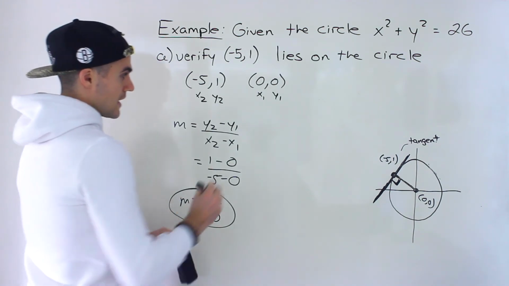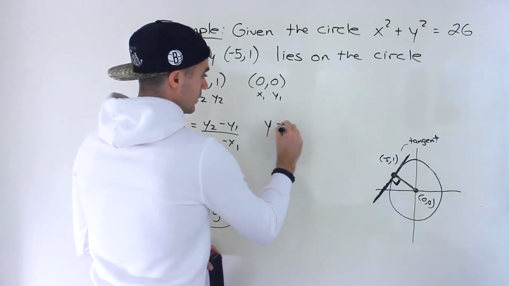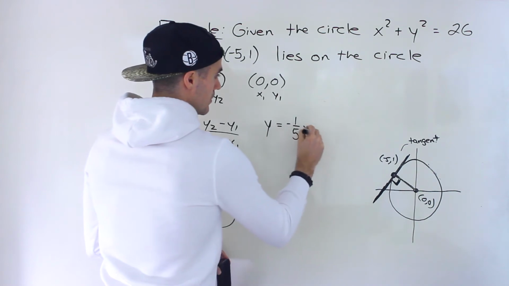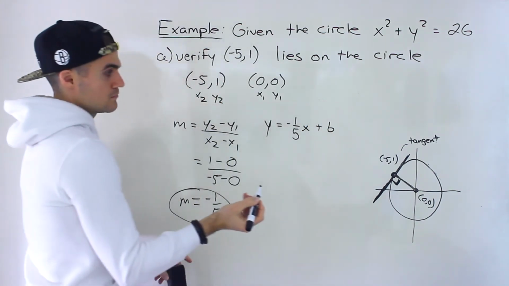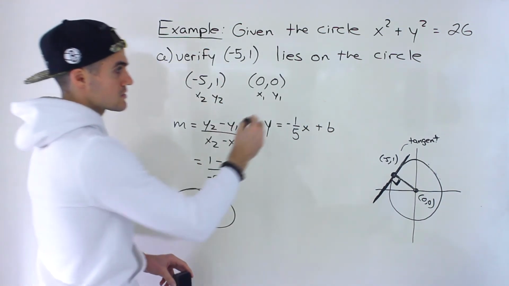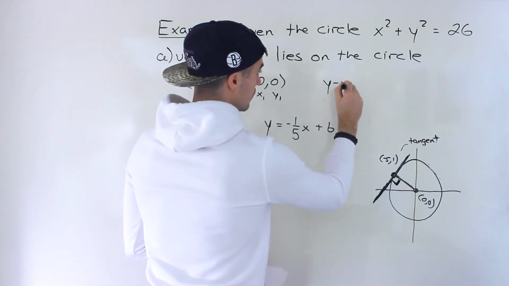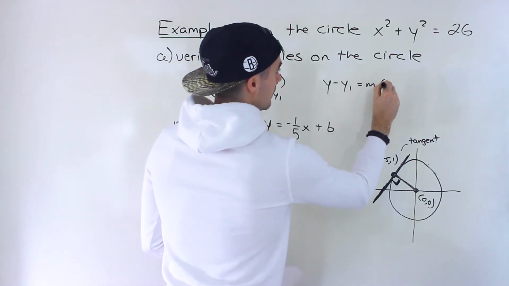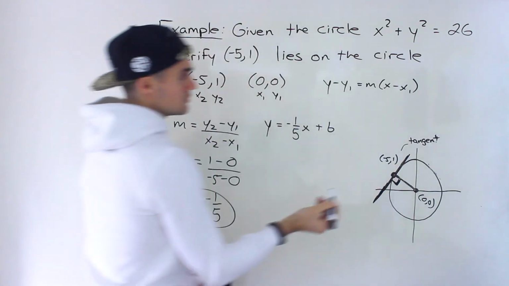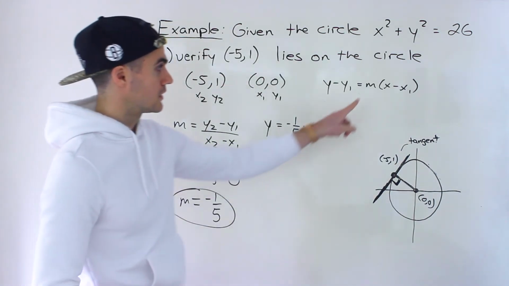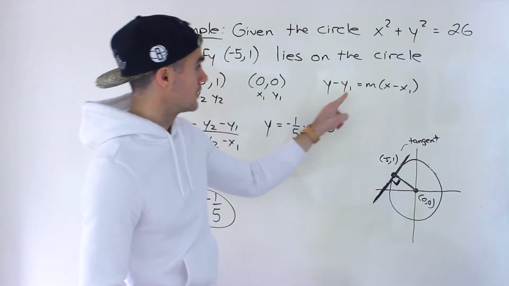Okay, so now once we have the slope, we could plug in the slope and then solve for that b value. Another way to solve for the b value is using that formula. You may be using that formula in class where you plug in the slope, then you plug in for x1 and y1.